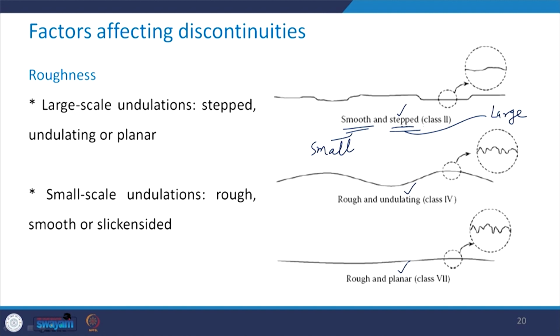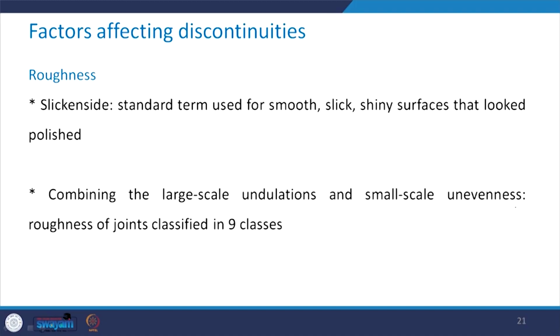But the small scale unevenness cannot be seen unless you zoom in on a small portion or take a close-up. Then you will be able to see, like here, this is more or less smooth, and here this is rough, and this is also rough. Slick inside means it is the standard term used for smooth, slick, shiny surfaces that look polished.